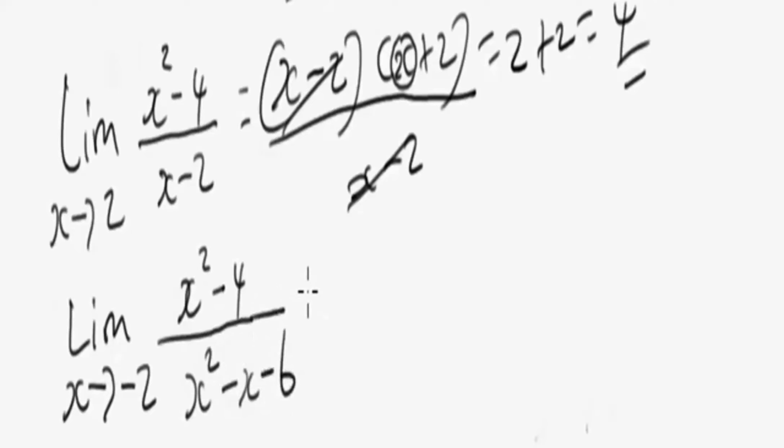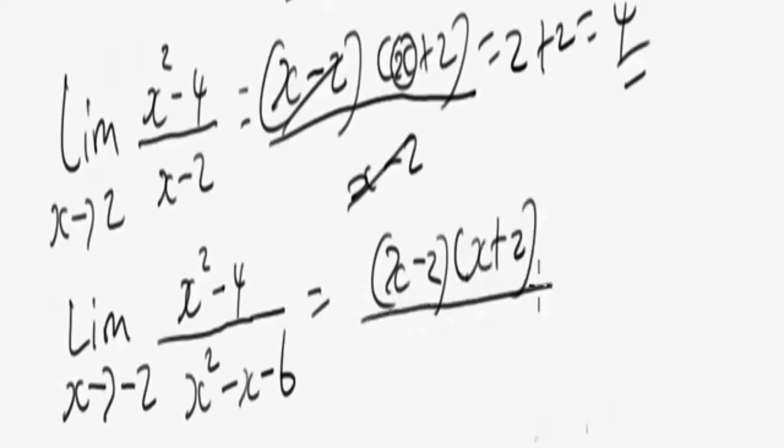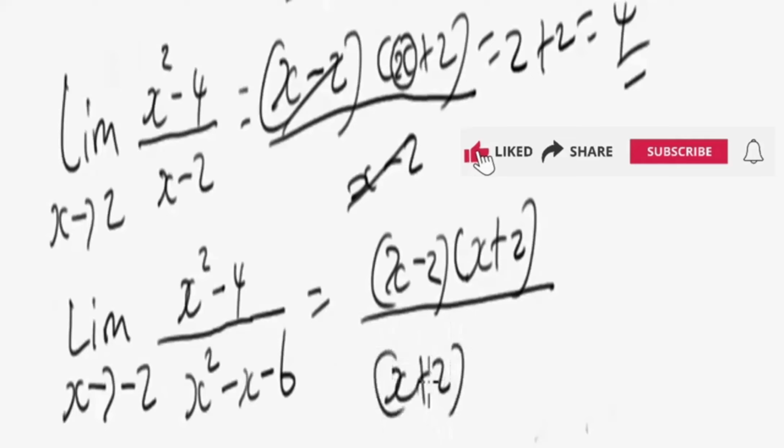You factorize both the numerator and the denominator before you substitute. When you factorize the numerator, you're going to have (x minus 2)(x plus 2), all over, when you factorize the denominator, (x plus 2)(x minus 3).